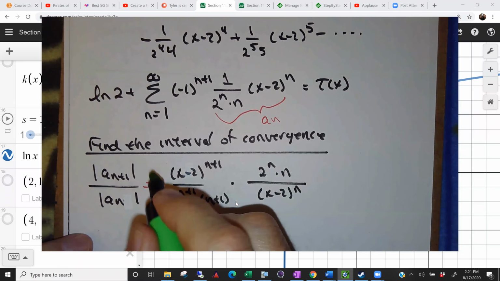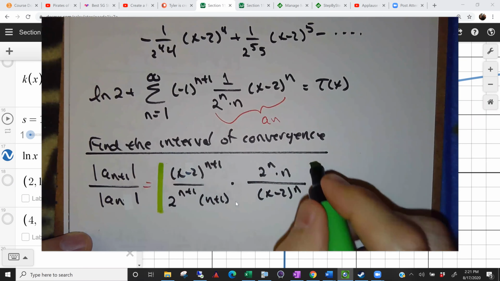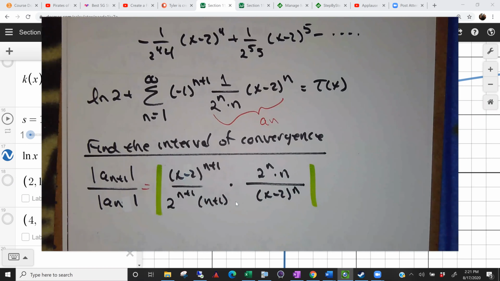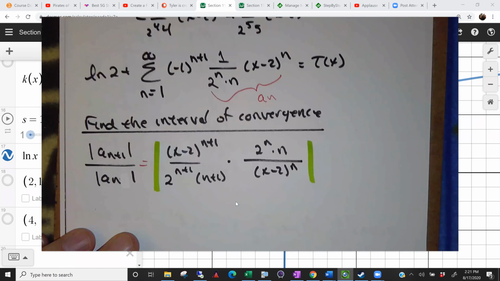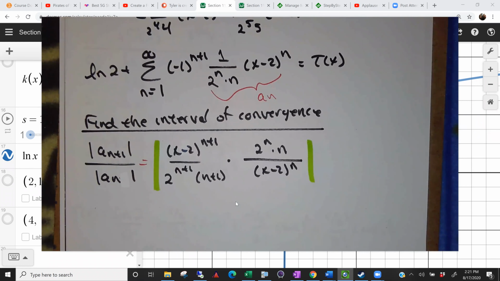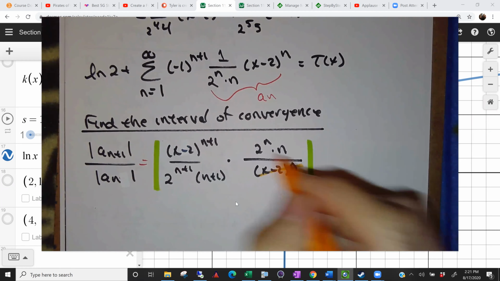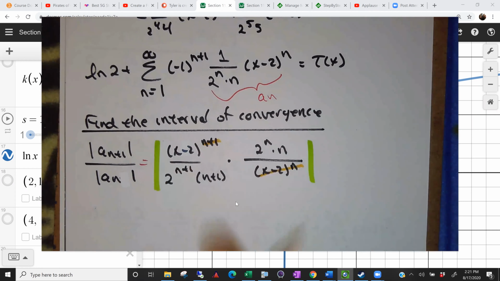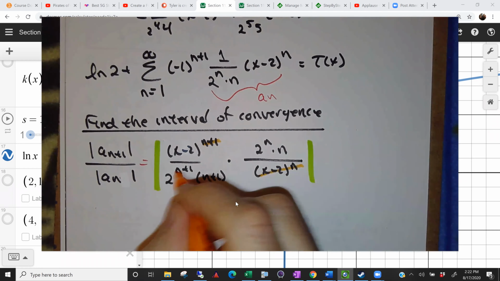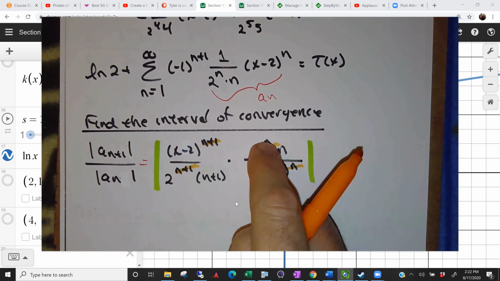And all this is still in absolute values. Most of this is going to cancel. I've got n of them here and n plus 1 of them here. So all but one of them is going to cancel. Likewise, all but one of these is going to cancel.